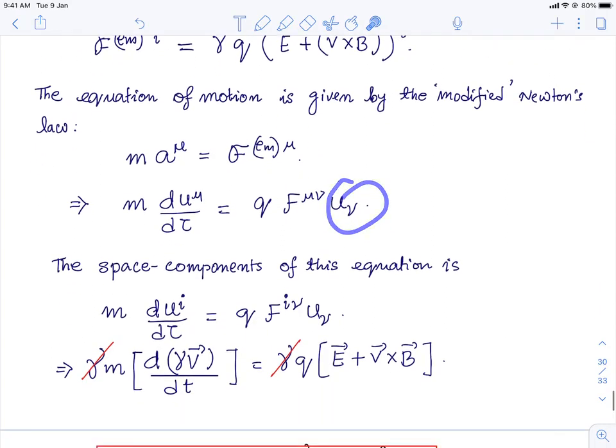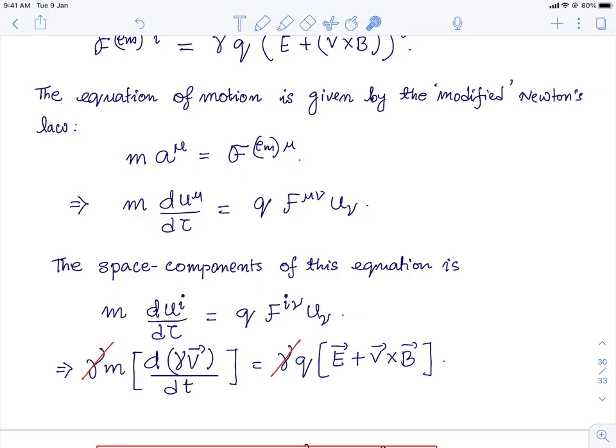Now if we write the space components of it, set mu equal to i, 1, 2, 3, then this object becomes gamma times v inside here. But this tau also gives rise to a factor of gamma outside, and here you have this factor of gamma coming from the covariant expression for the force, which we just derived a while ago.